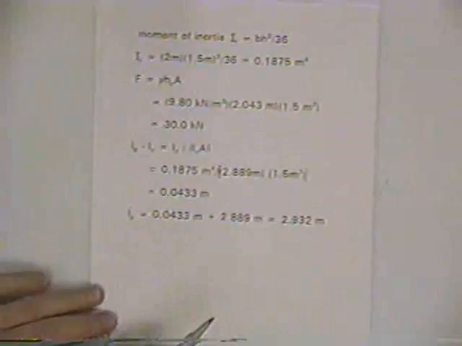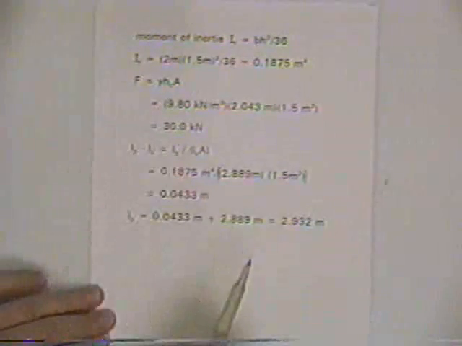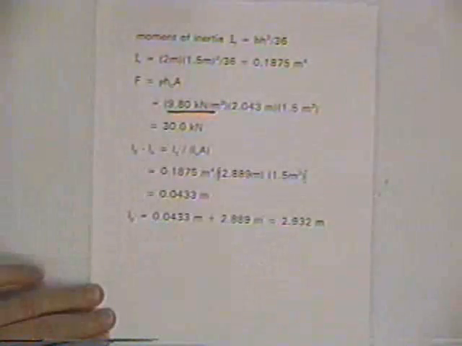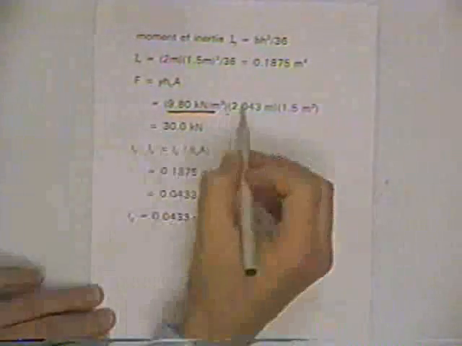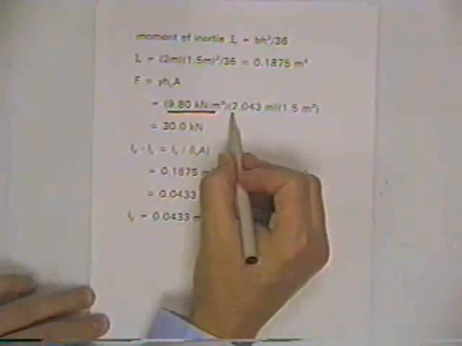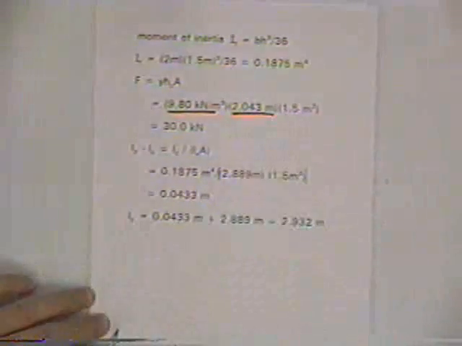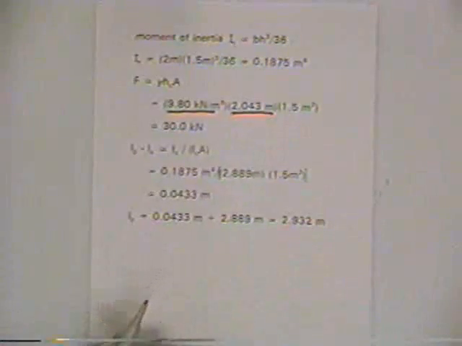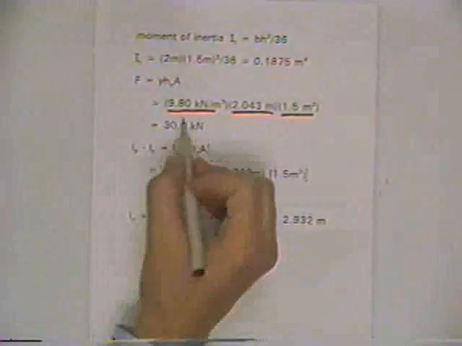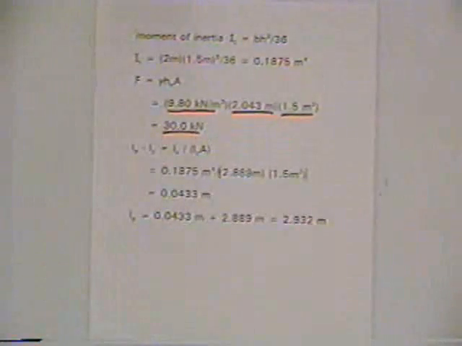And now we've got the terms that we need to plug in to compute the force. We plug in the unit weight of the water, the 9.8 kilonewtons per cubic meter. We plug in the head, which is measured vertically from the water surface to the center of gravity of the flat triangular plate, and then we plug in the area of the triangular plate, and we get the force.